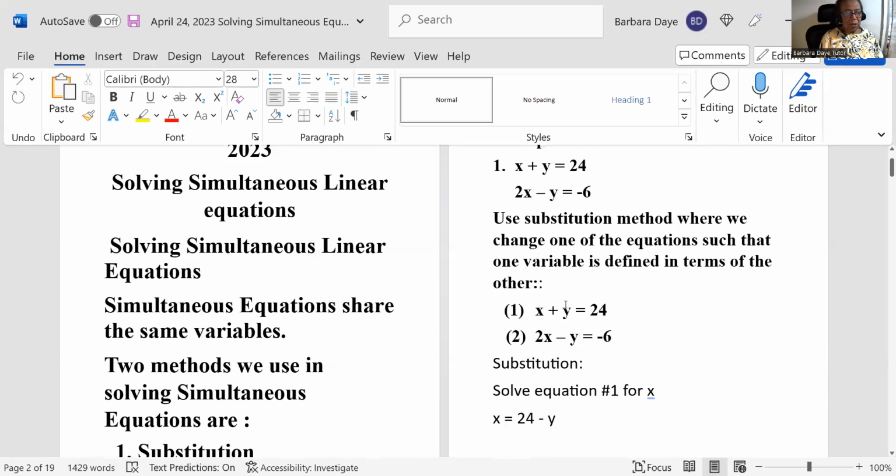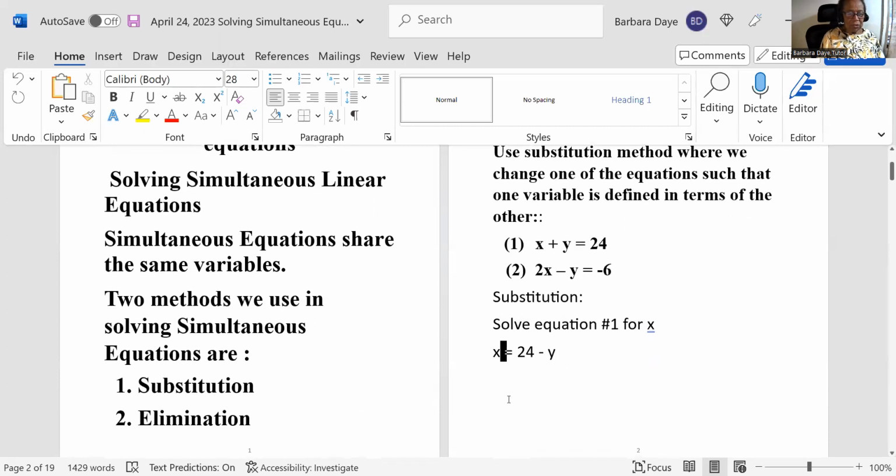Just like we've been doing, you subtract the y from both sides and you just get x equal 24 minus y. Everybody with me? Okay, now, once you do that, where you see the x in the second equation, you can put 24 minus y. That's why we call it substitution. So we solved equation number 1 for x.